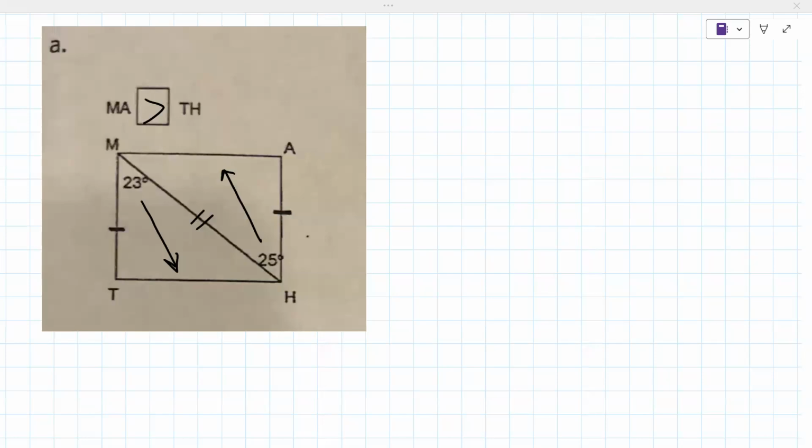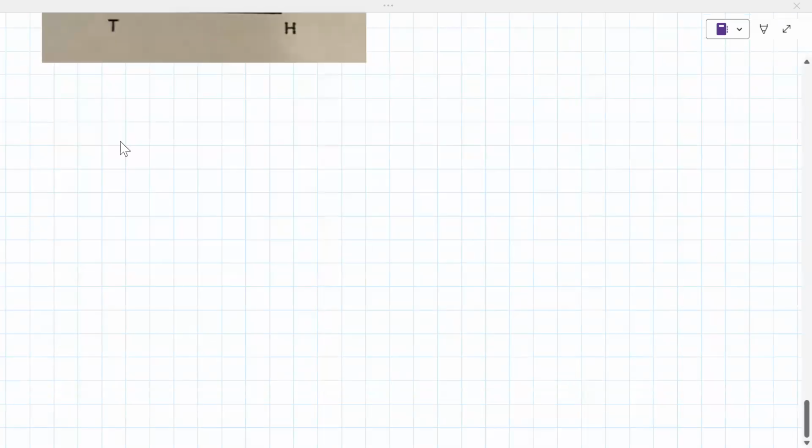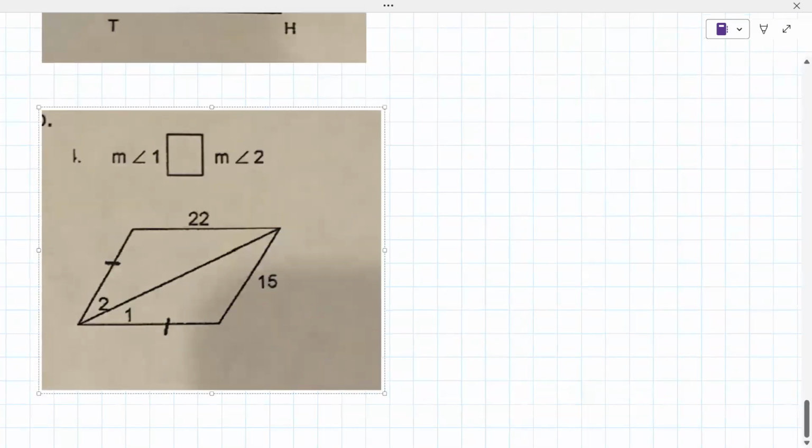So the other one is really similar. The smaller or larger side is across from the larger angle. See if you can figure out the inequality for this, please.